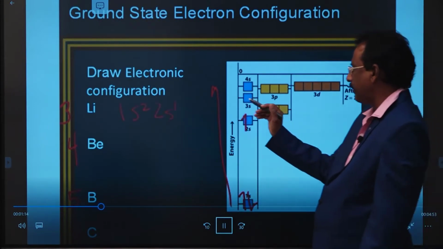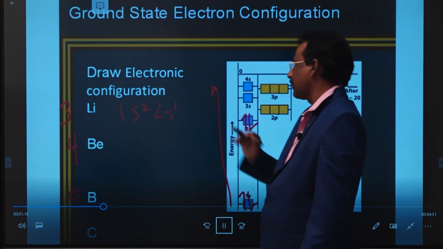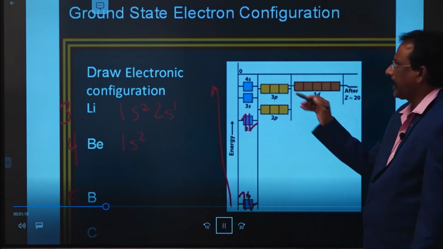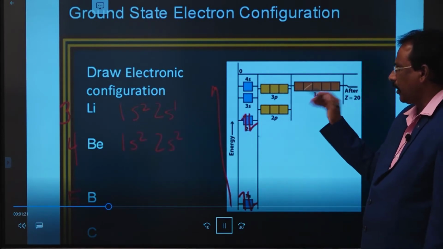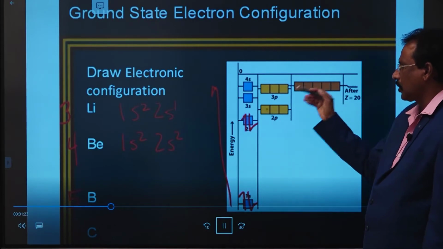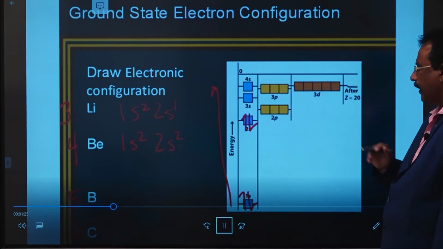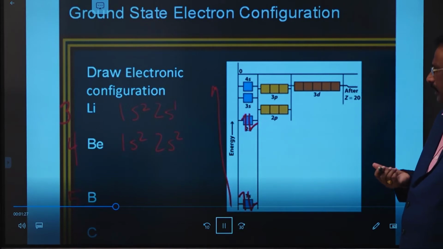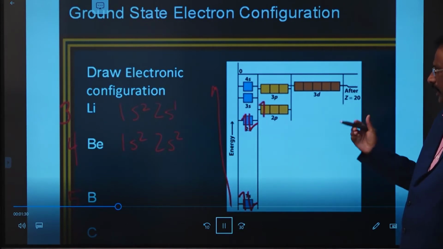So this is in the form of nlx. And here the Aufbau principle, Pauli, Hund's rule are also applied. Beryllium atomic number is 4. Its electronic configuration is 1s2 2s2.